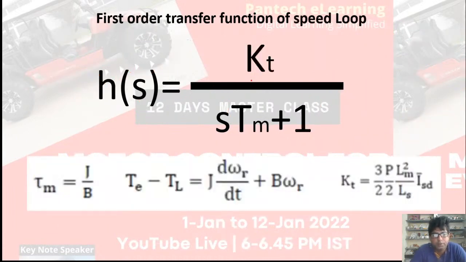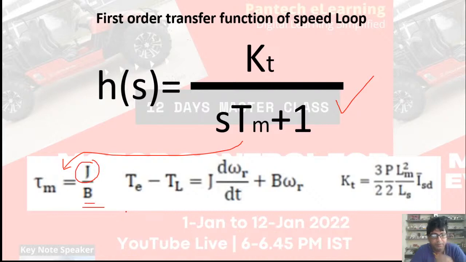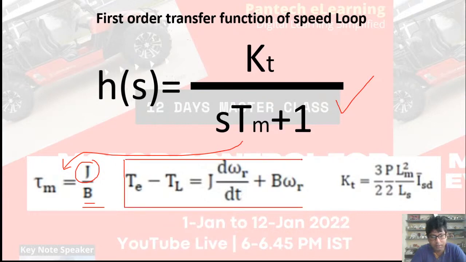the first order transfer function of the speed loop is this one, where the time constant is the inertia divided by the viscous coefficient of the loop, and the instantaneous torque equation of the motor is given like this. So from there only it is established.